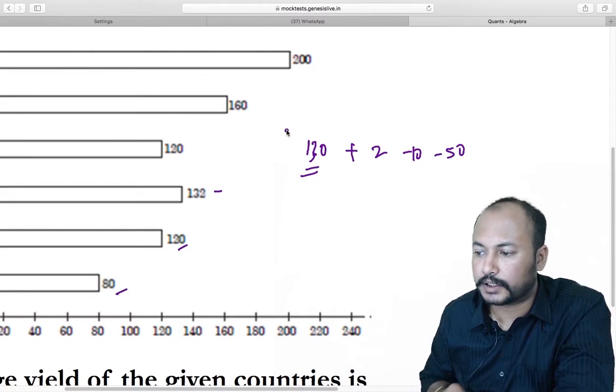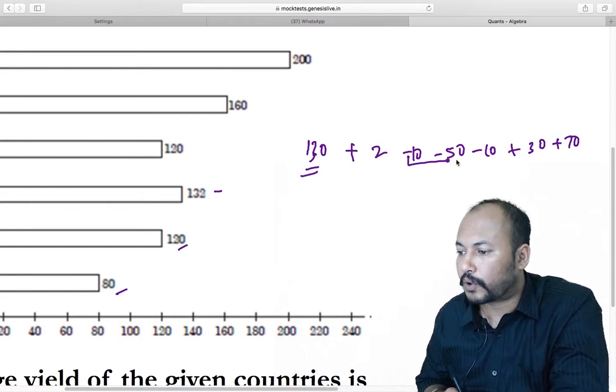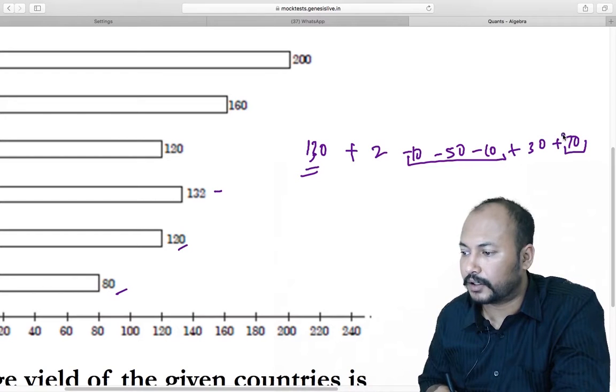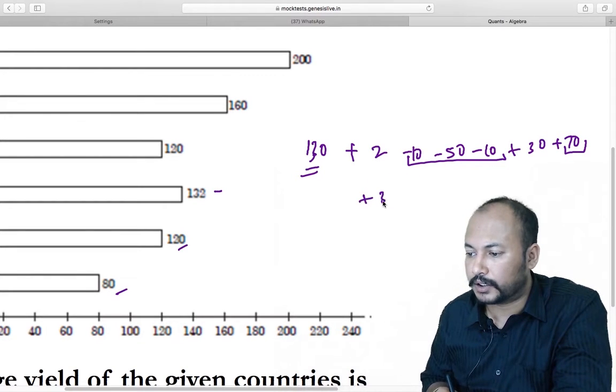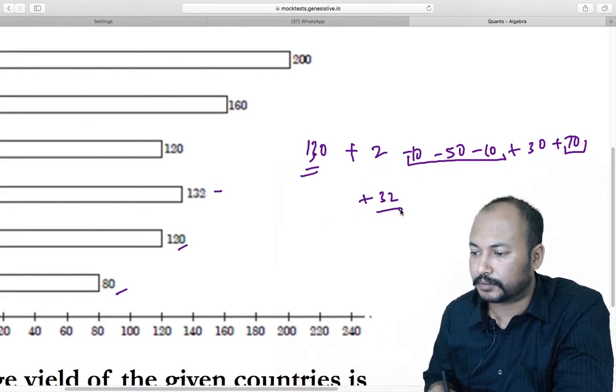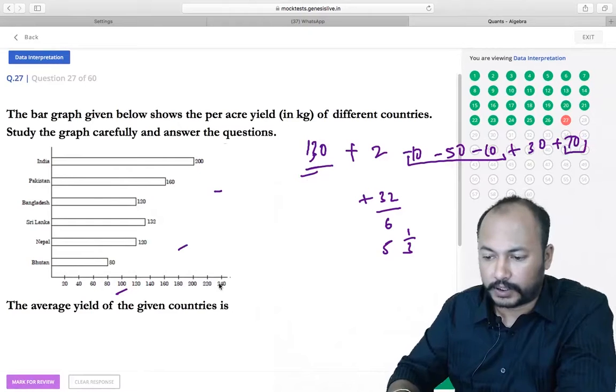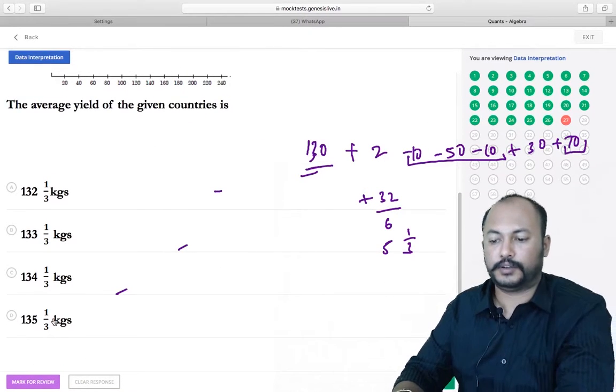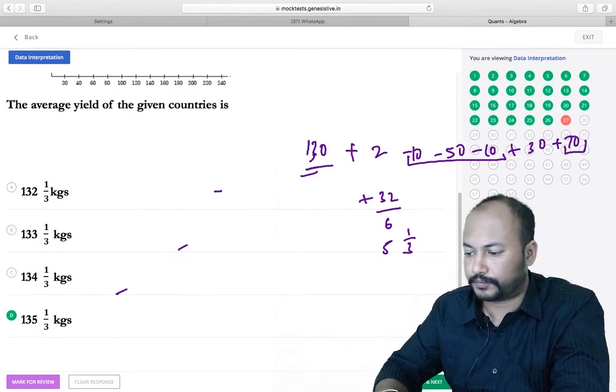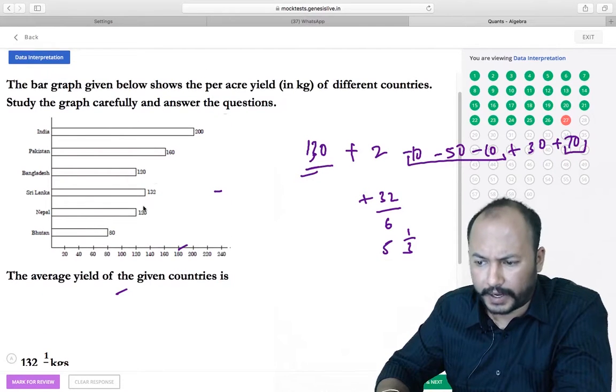In this case, it is once again minus 10, and then I have plus 30 and plus 70. So overall, this is minus 70, this is plus 70. I am left with plus 32 divided by how many terms? 6 terms. So 32 by 6 is 5 1 by 3. So overall 130 plus 5 1 by 3. The answer has to be 135 1 by 3. Great. Option D.